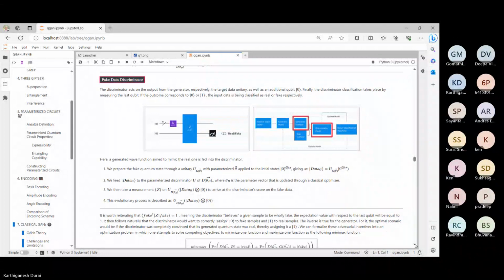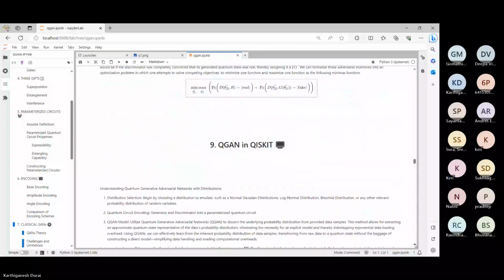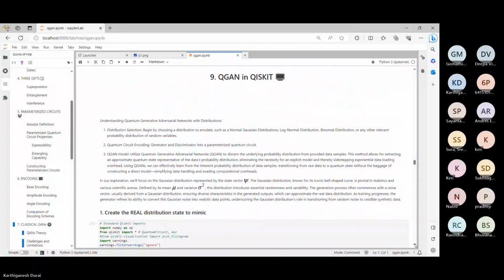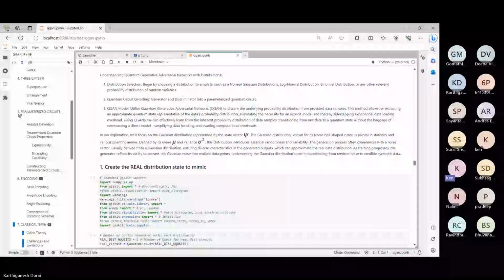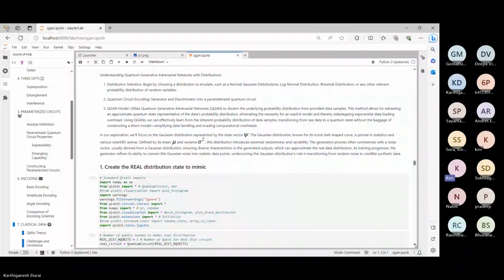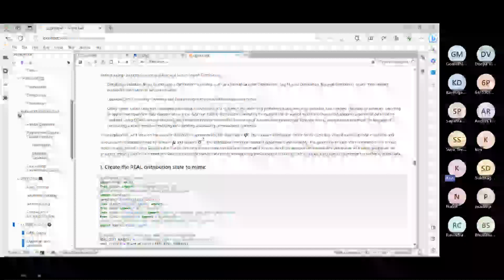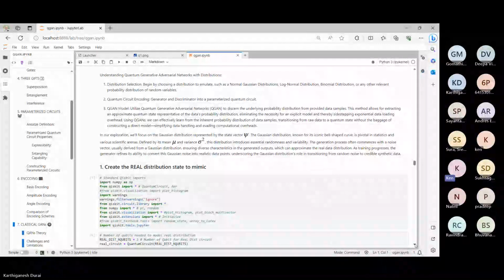Okay, so let's move on to our GANs in Qiskit, chapter 9. So GANs in Qiskit: understand quantum generative adversarial networks with a distribution. The first thing we need to do for our demo is choose a distribution to emulate, to say, okay, mimic this.